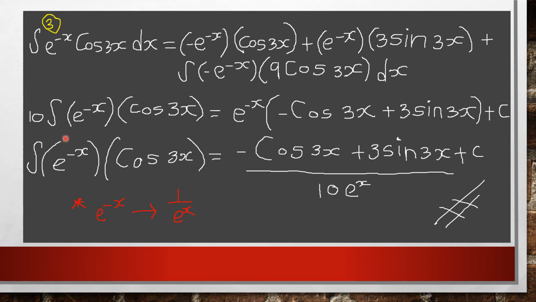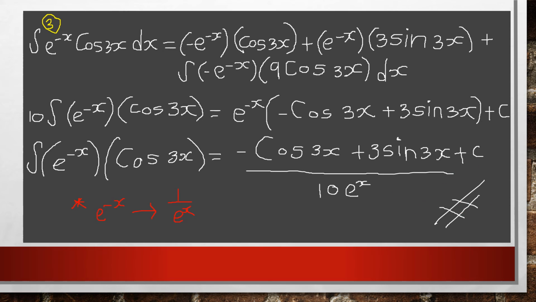If you see, you have tan here, right? So you can move this 10 here. So divide. And then this e to the power of negative x, you also can write in this form. So 1 over e to the x. So you can write here. This is the final answer.